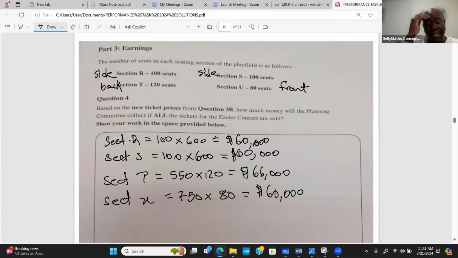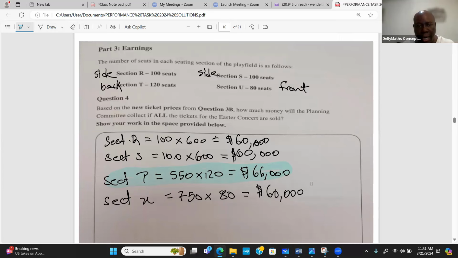So at maximum capacity, we're seeing that we're making the most money off this section all the way at the back with the fewer features, because it has way more seats than the others.